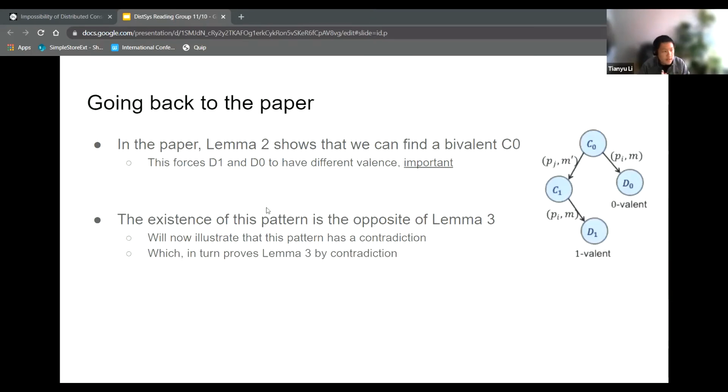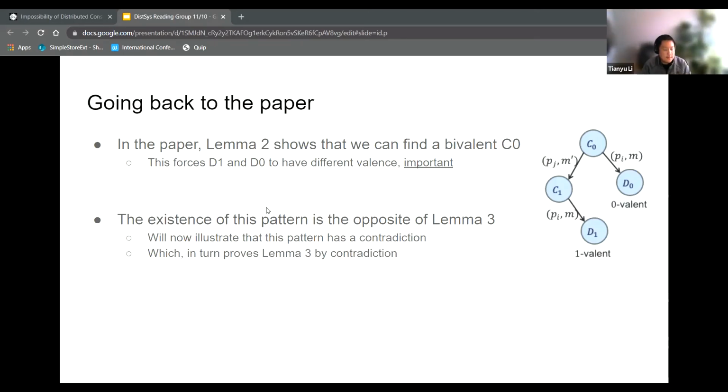Okay, then let's go back to the paper. Surrounding this pattern, Lemma 2 basically shows that we can find a bivalent C0. We start off being undecided, which means it is definitely possible for us to get a configuration like this somewhere in the algorithm. This forces D1 and D0 to have different valence, which is important, because that's where we're going to derive a contradiction later on.